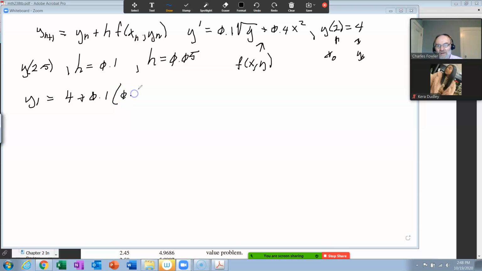That's 0.1 times the square root of 4, which is 2, plus 0.4 times x squared. Well, x was 2, squared, so that's going to be 4. So this is going to give us y1.